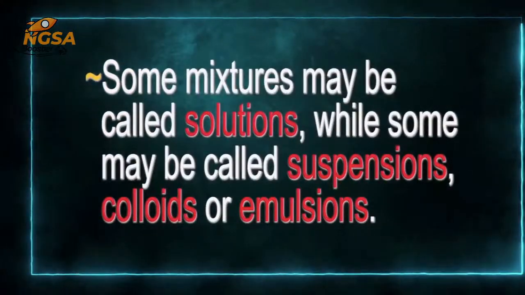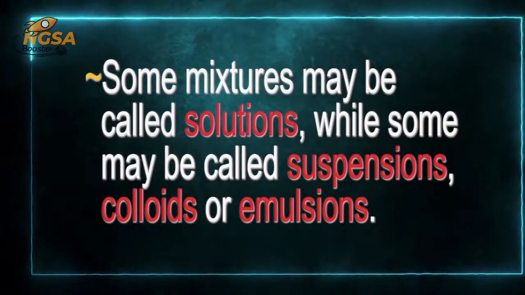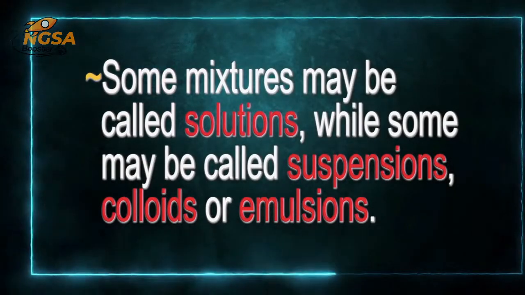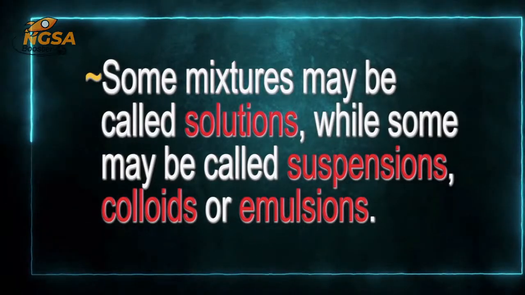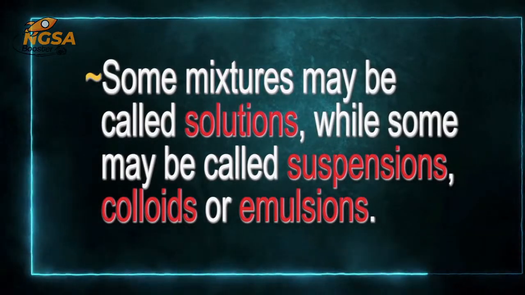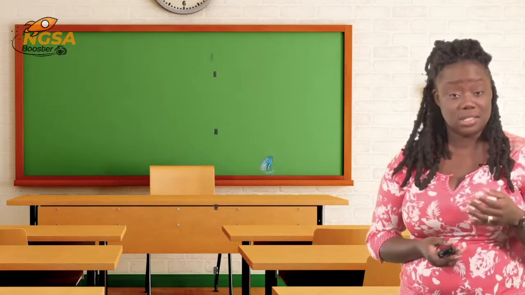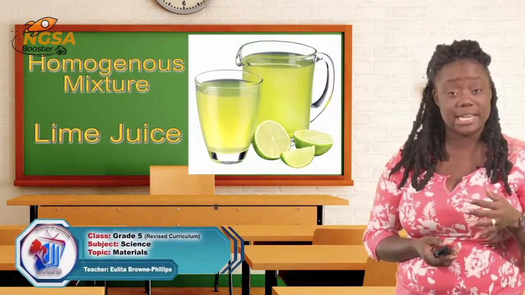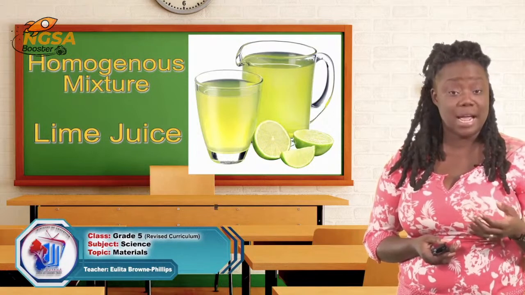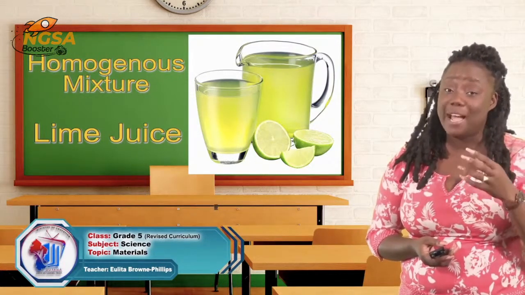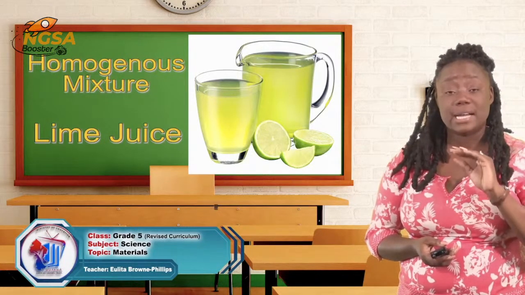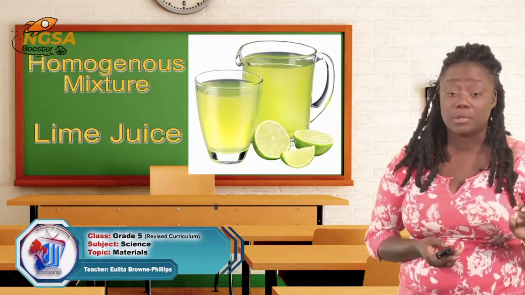Some mixtures may be called solutions, while some may be called suspensions, or colloids, or emulsions. In the mixture of the Swank, the water, the lime juice, the sugar, and the essence, in the end, we could not identify the materials because it had already evened out.